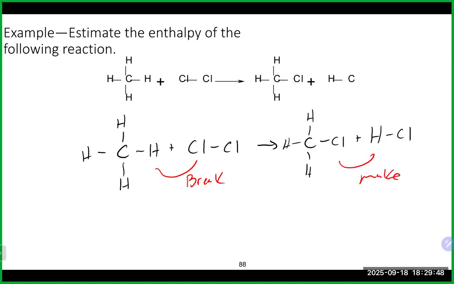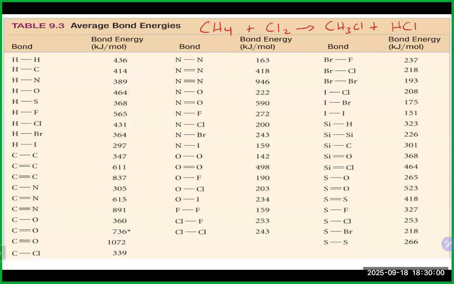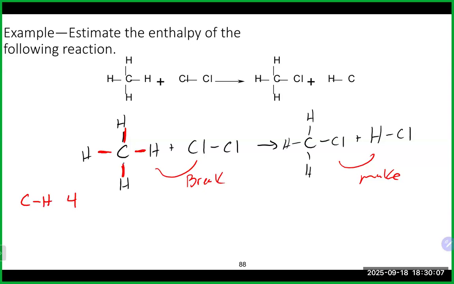So I'm just going to start with the carbon-hydrogen single bond. I have to break 1, 2, 3, and 4. I have to break 4 of those bonds. I could go to my table and find the carbon-hydrogen single bond, which is right there, and it is 414 for each of them that I break. So that's 414 kilojoules of energy to do that.